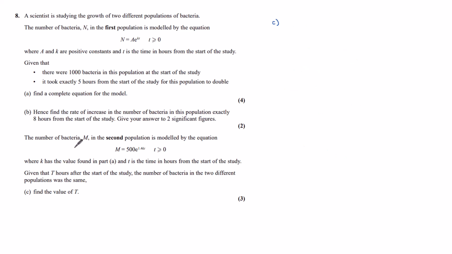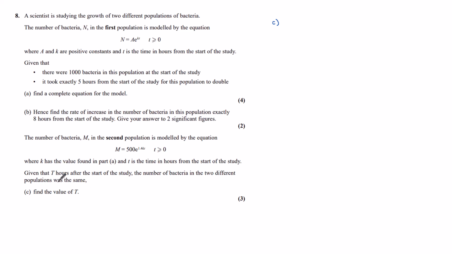The number of bacteria m in the second population is modelled by the equation m = 500e^(1.4kt), where k has the value found in part A, so that's our 1/5 ln 2, and t is the time in hours from the start of the study.